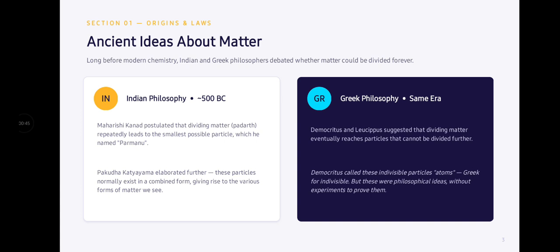So, starting from ancient ideas about matter. Long before modern chemistry, Indian and Greek philosophers debated whether matter could be divided forever. So, Indian philosophy, Maharishi Kanad postulated that dividing matter rapidly leads to the smallest possible particle, which he named Parmanu.